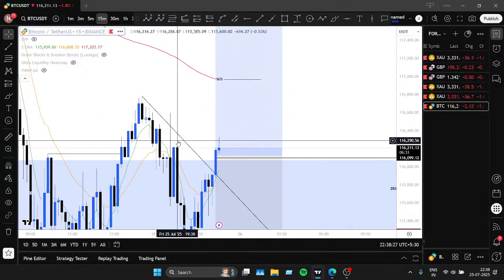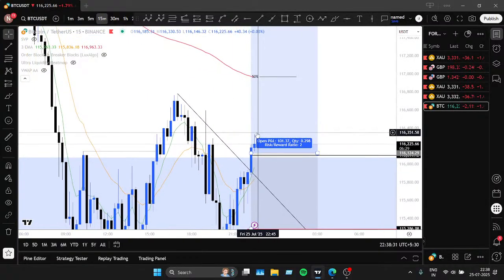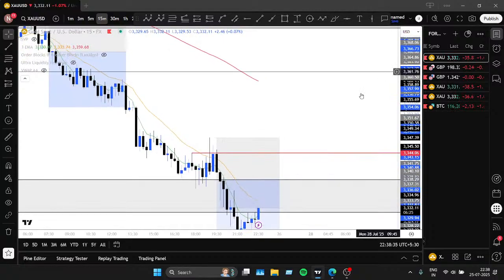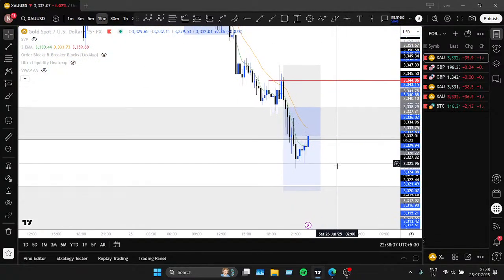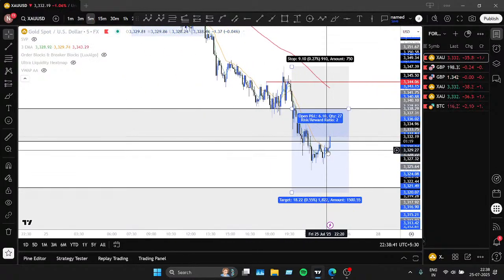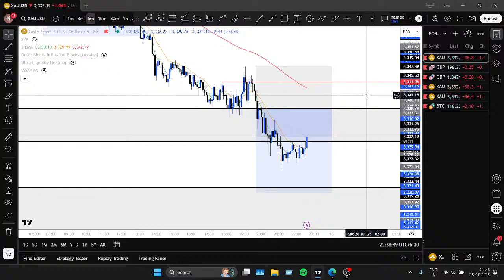Okay, looks like gold just swept this high right here, so giving a reaction to the downside. Whoa, whoa, gold is flying. Damn. But no worries, we'll just wait.